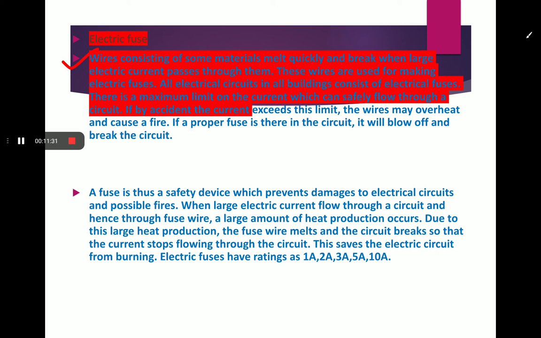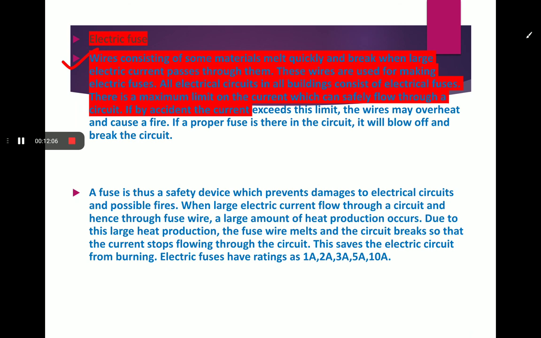All electrical circuits in all buildings consist of an electrical fuse. There is a maximum limit on the current which can safely flow through a circuit. If by accident the amount of current exceeds it, then the wire may overheat and cause a fire. So, if a proper fuse is there in a circuit, it will blow off and break the circuit, and in this way all the connected appliances become safe.